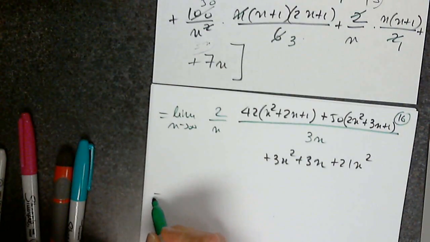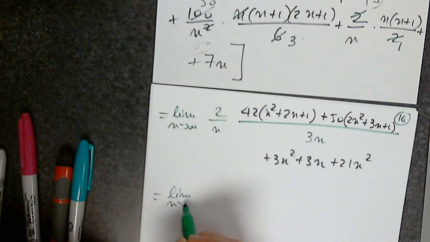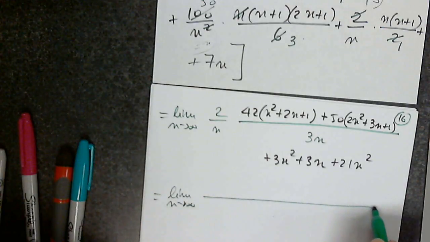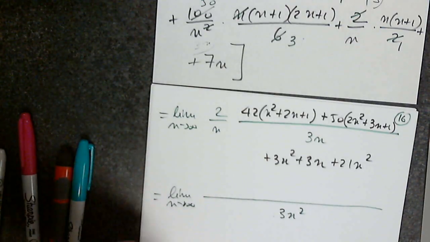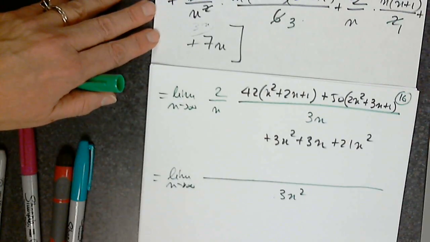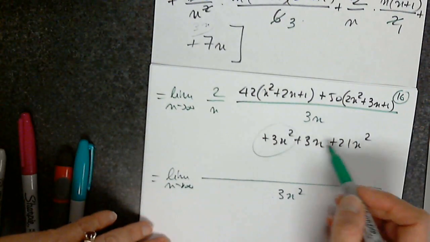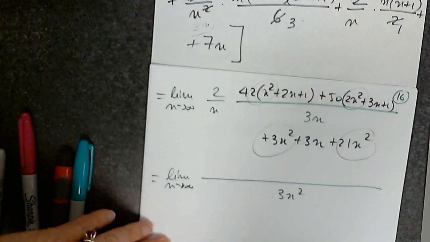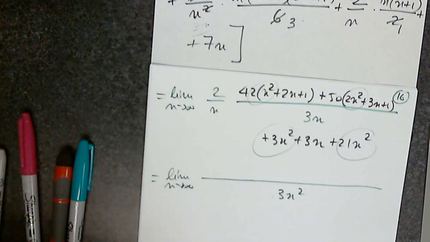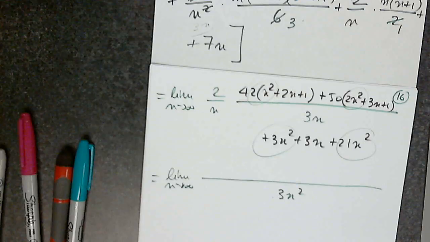Okay, so since the denominator is 3n squared, all I'm really interested in is collecting the terms with n squared. Because I hope you remember now that when x approaches infinity, if the numerator and the denominator have the same degree, the answer is leading coefficient over the leading coefficient.